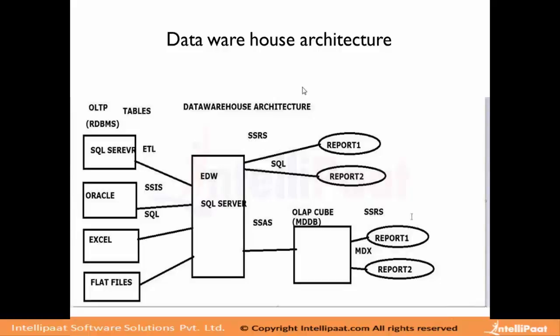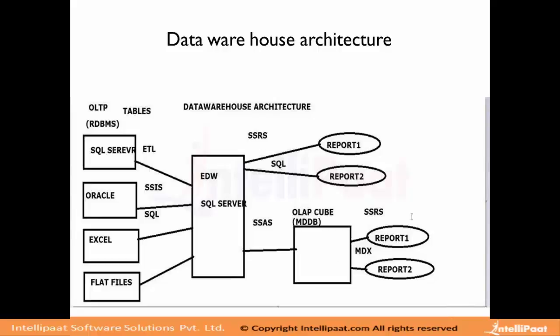For example, if you have to provide 1 lakh queries at a time to the data warehouse, it will take a lot of time. So instead of that, we implement cubes with the help of SSAS, SQL Server Analysis Services. This is called a multi-dimensional database. Here the data is stored in cube format.